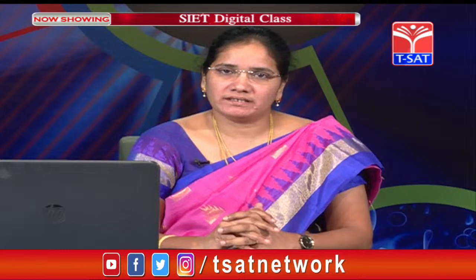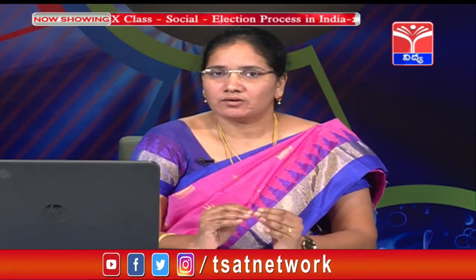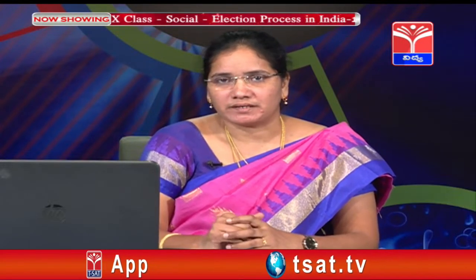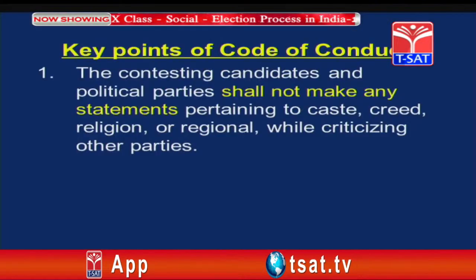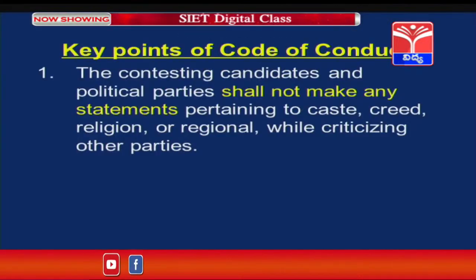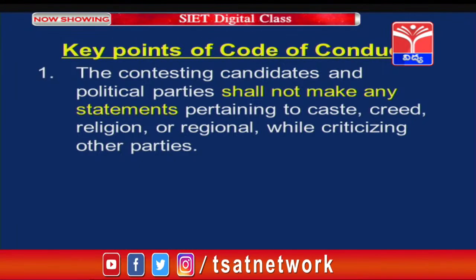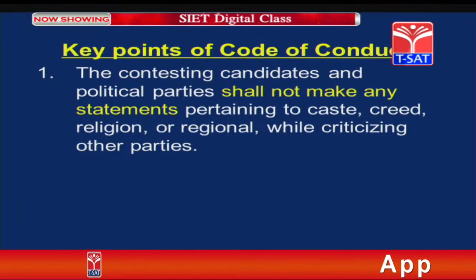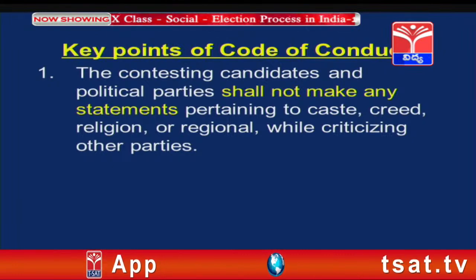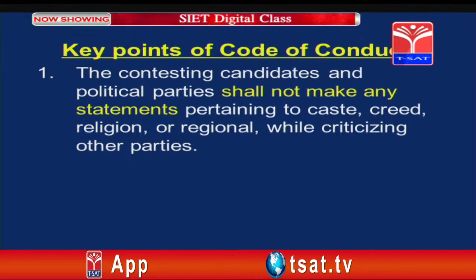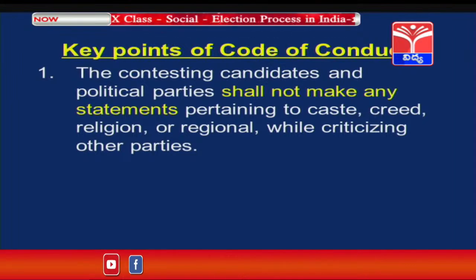So, children, now let us see what are the different points of the code of conduct, that means guidelines prescribed by the Election Commission of India. The contesting candidates and the political parties shall not make any statements pertaining to caste, creed, religion or region while criticizing other parties. That means the political parties should not make any statements hurting other political parties.